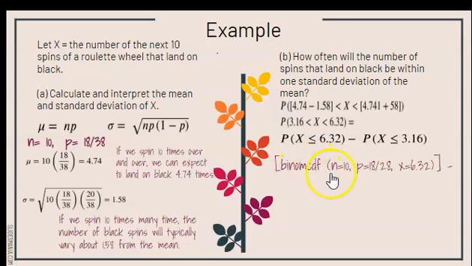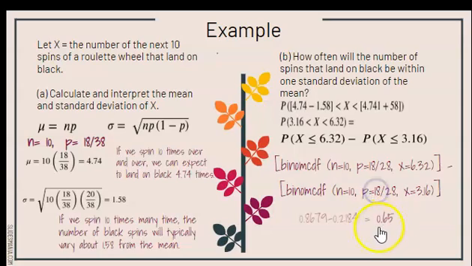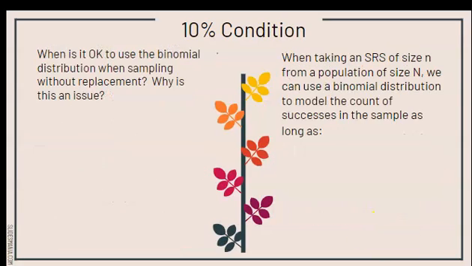So I'm going to do the binomial CDF, the cumulative distribution function, where x is equal to 6.32 first. Then I'm going to subtract the binomial CDF where x is equal to 3.16. The calculator's going to do all that for me, and I get an answer of 0.65.